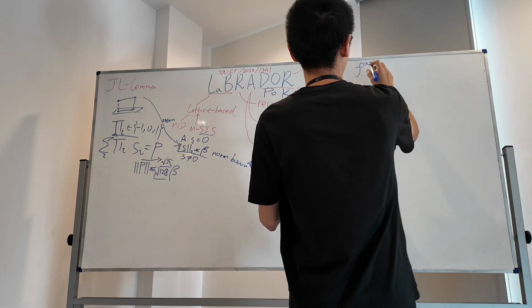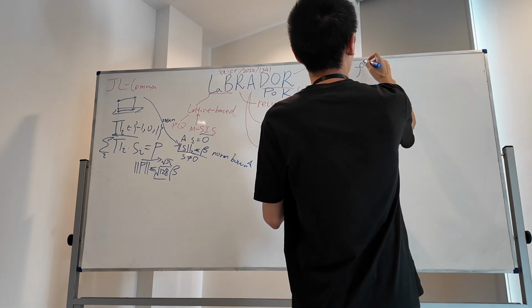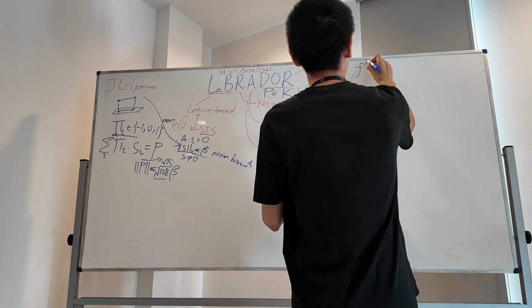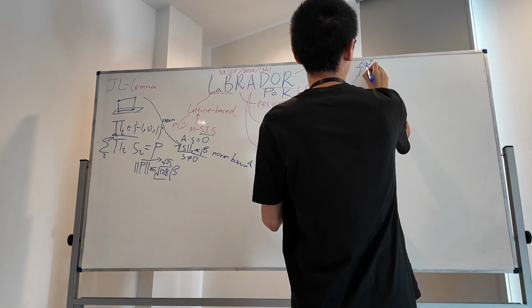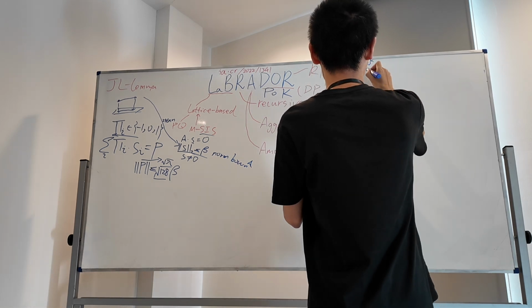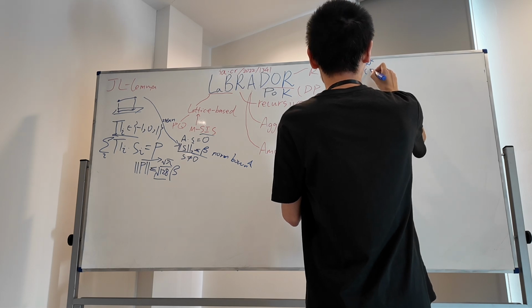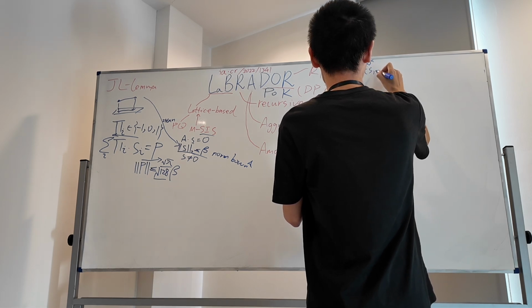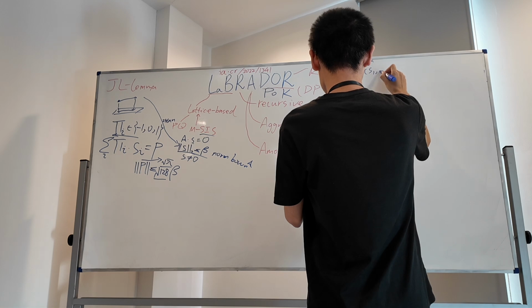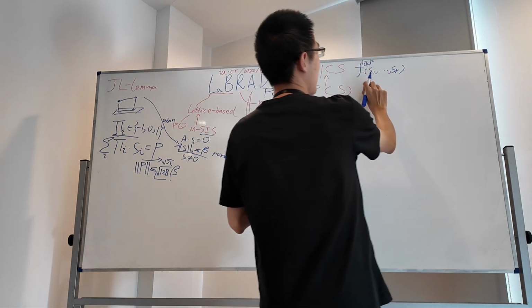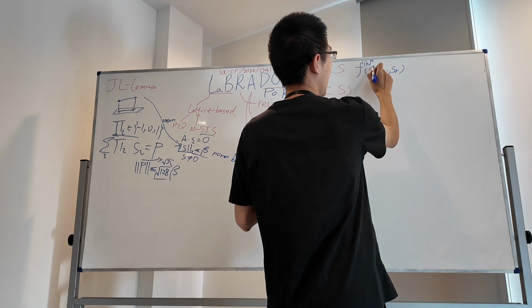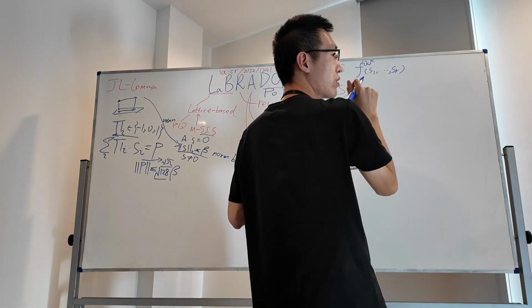Some function from 1 to big K. So there's a small k, and it's the one component of it. And we have many S1 to SR. Each of them is a vector of polynomials.